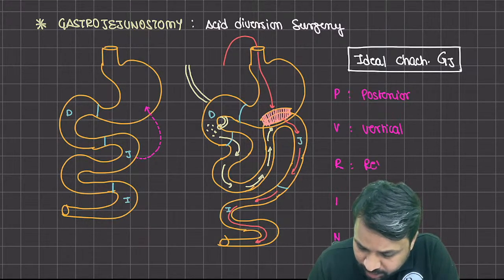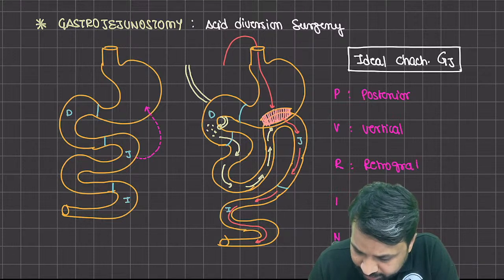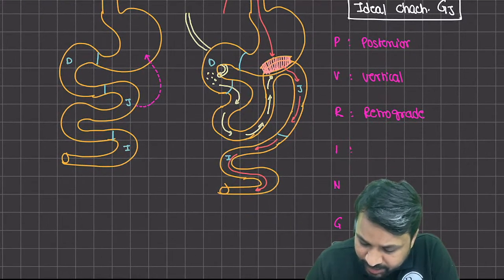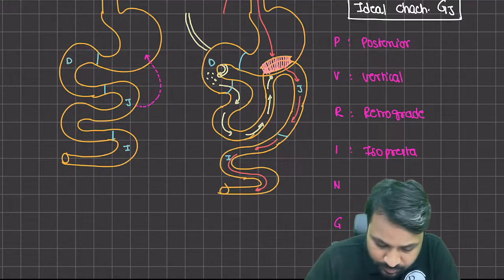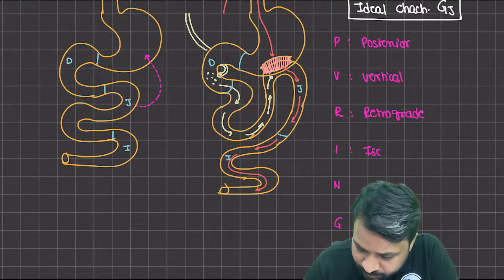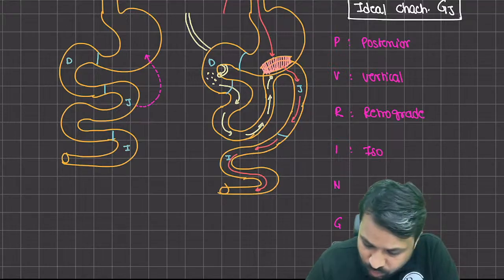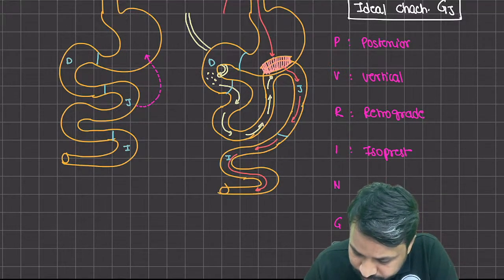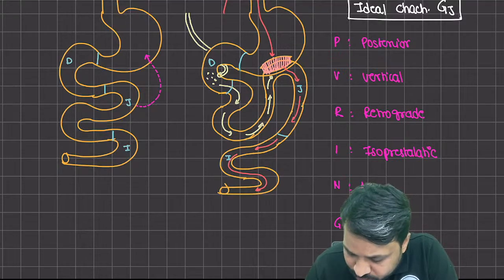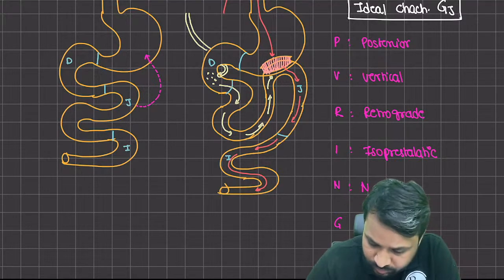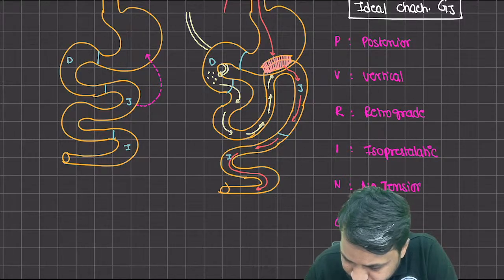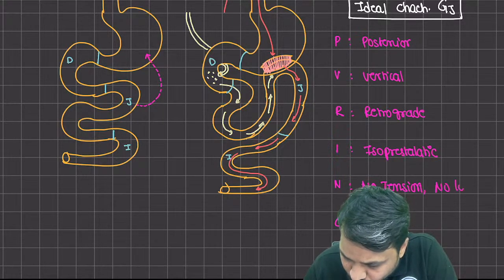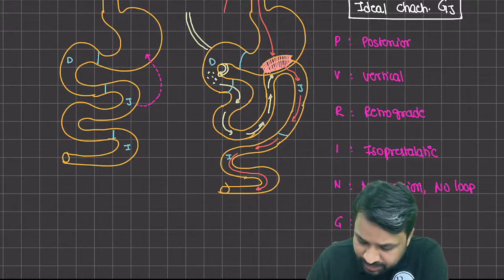R: it should be a retrograde anastomosis. I: it should be isoperistaltic. N: no tension. G: no loop. G is your gastrojejunostomy.